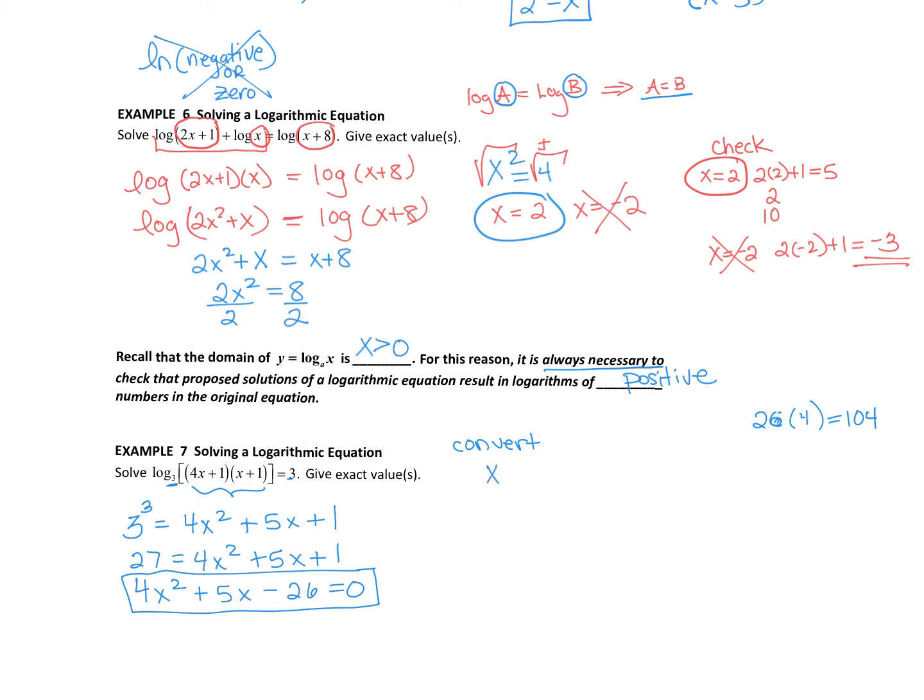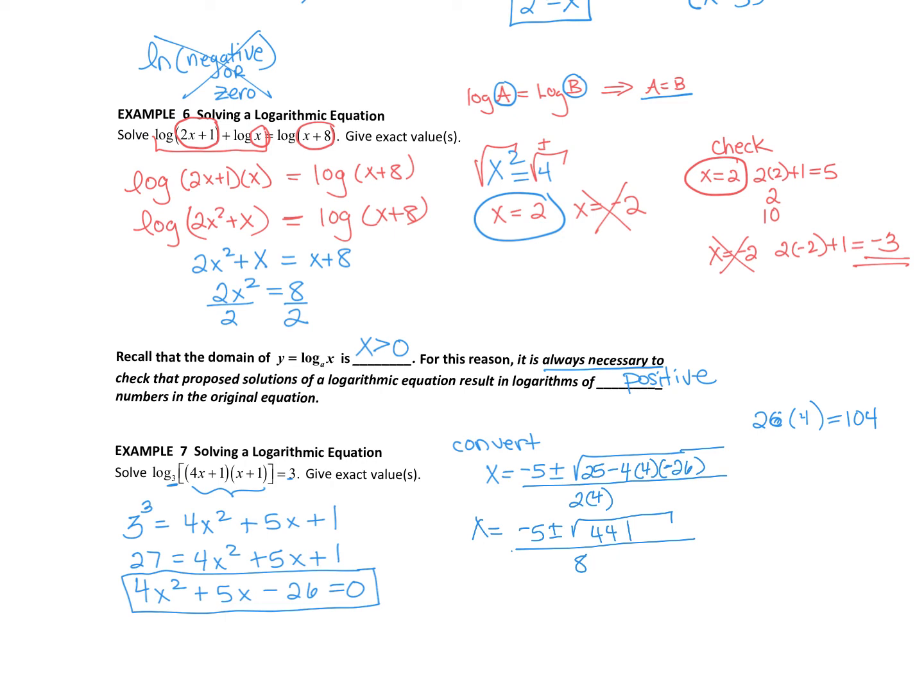I will get x equals negative b plus or minus the square root of b squared minus 4 times a times c, all over 2 times a. That's going to give me negative 5 plus or minus the square root of something over 8. 441.